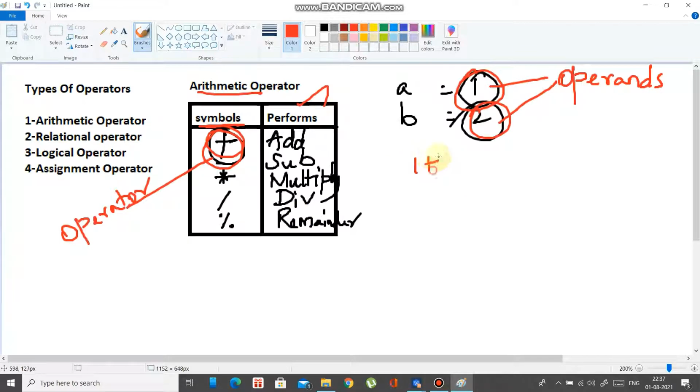You will get 1 plus 2 equal to 3. Using minus, 1 minus 2 is minus 1. 1 into 2 equal to 2. 1 by 2, what will be the answer? Simple, 0.5.